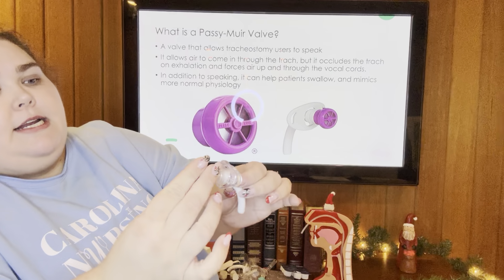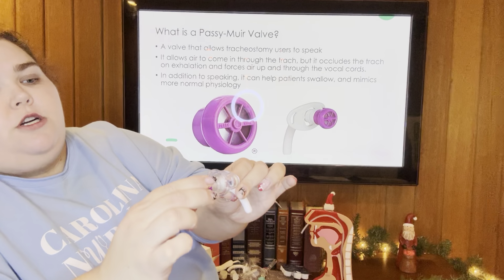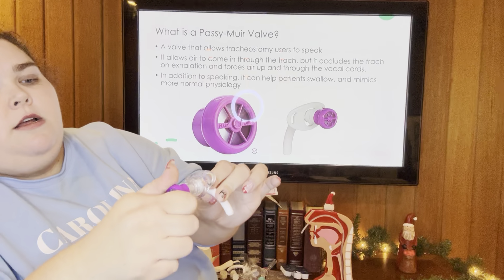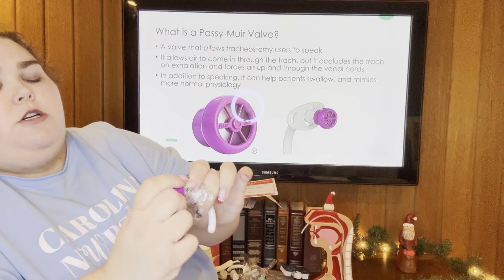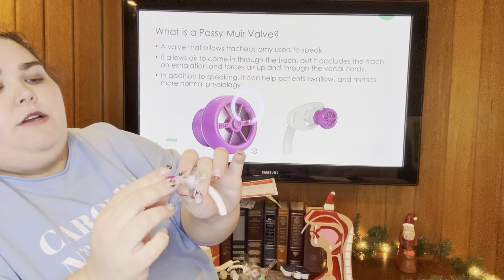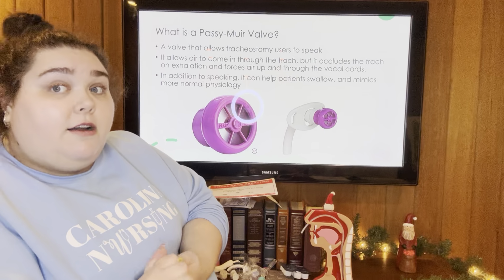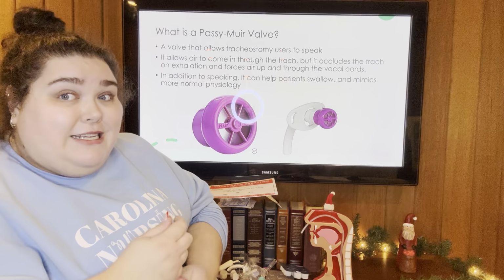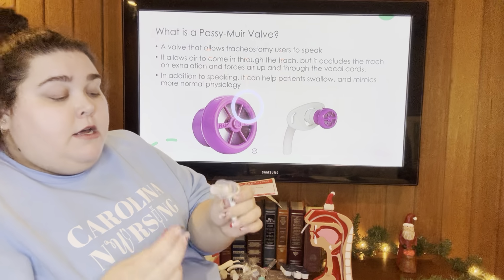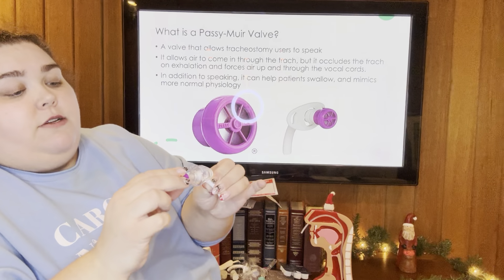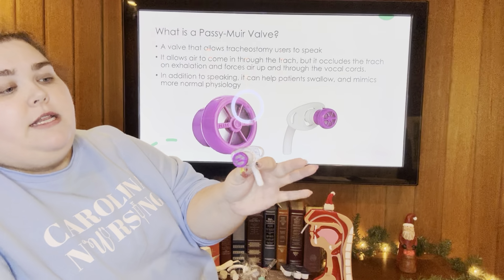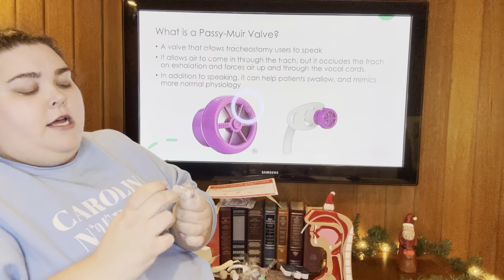You take this and it's kind of a quarter turn onto it and then a quarter turn off. You don't want to just shove it on there and turn tight because then it'll get stuck. And if that happens, you have to replace the entire trach, and that's never great. So just a little quarter turn gets it on there, and then it gets it good and tight.